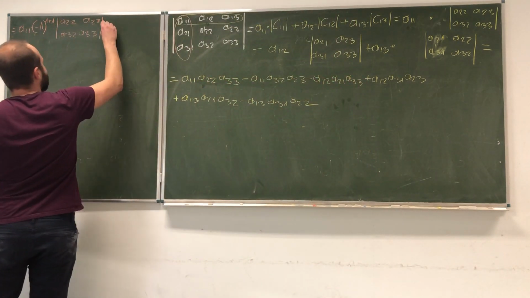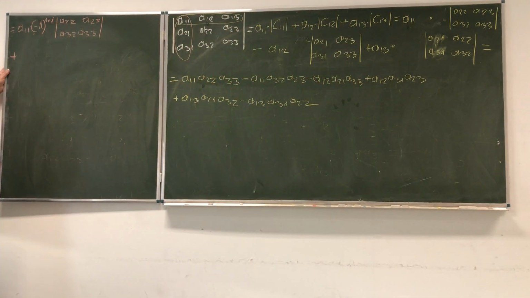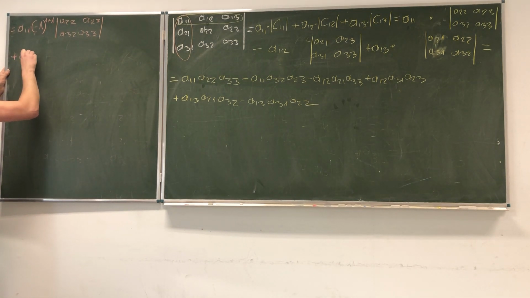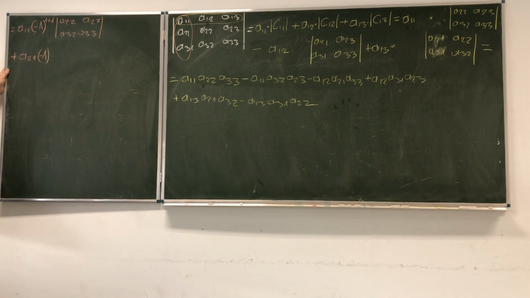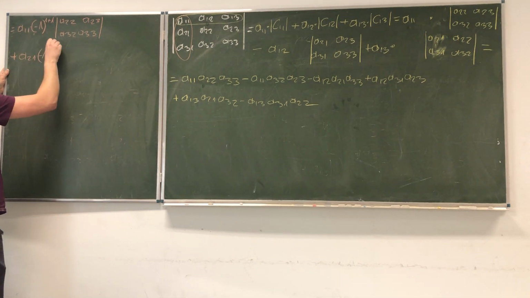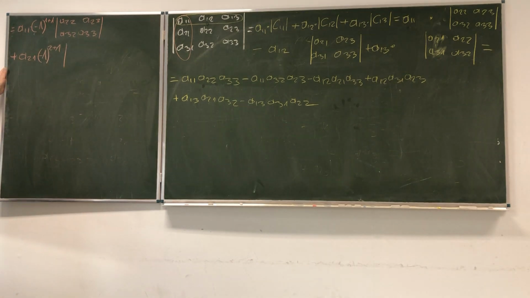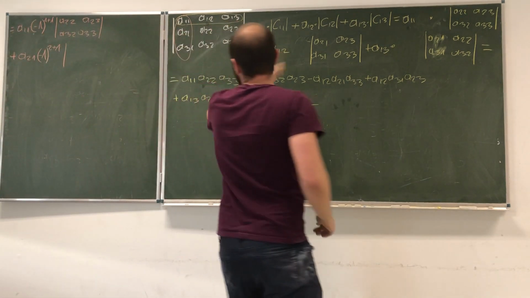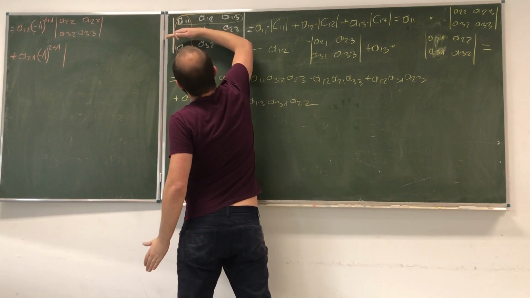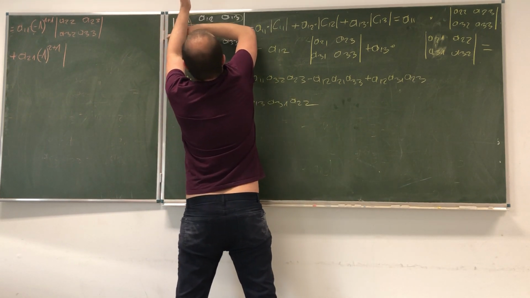Okay, then I'm adding another expression. This time I'm going to A21 times negative 1 to the power 2 plus 1, and now I calculate the minor here. In order to calculate this minor, now I need to delete second row, first column.